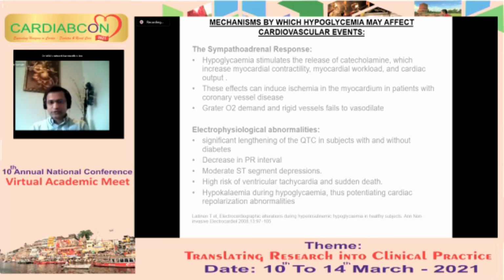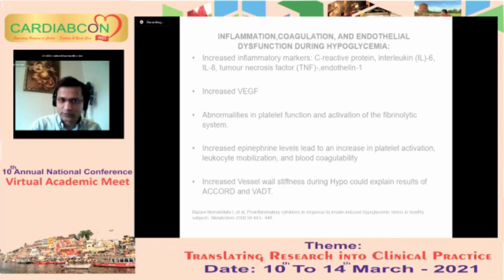What is interesting to note here is the hypokalemia, whether it is because of the shift of potassium across the cell during treatment with insulin, that always accompanies the hypoglycemia, and it increases the cardiac repolarization abnormalities in these populations.